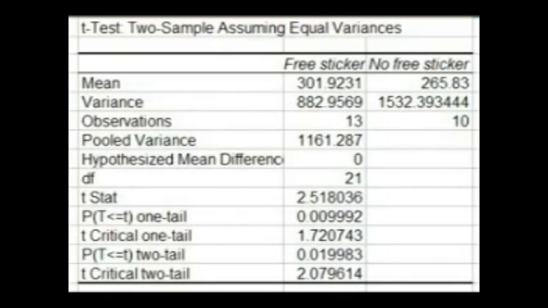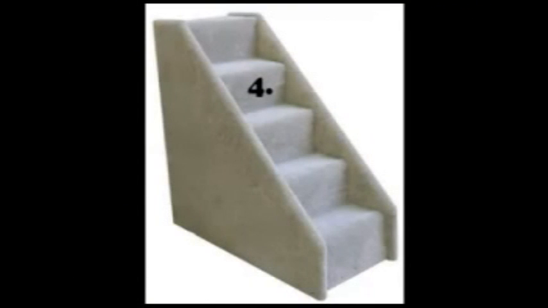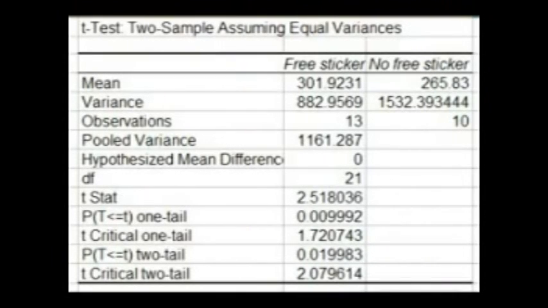The mean sales for the free sticker days is $301.92, while the mean sales for the no free sticker days is $265.83. There does seem to be a difference. For step 4, you see that the p-value for the two-tailed test is given as 0.019.